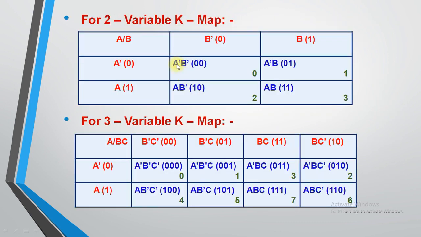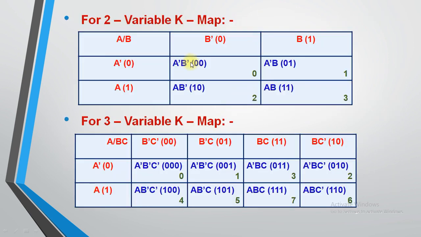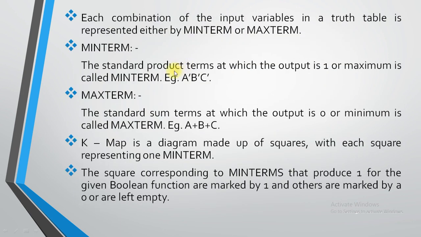See over here, A dash, B dash, so it is a minterm only. So the K-map is a diagram which is made up of squares, and each square in the K-map represents a minterm. Why minterm? Because A dash, B dash, so it is nothing but a minterm only.